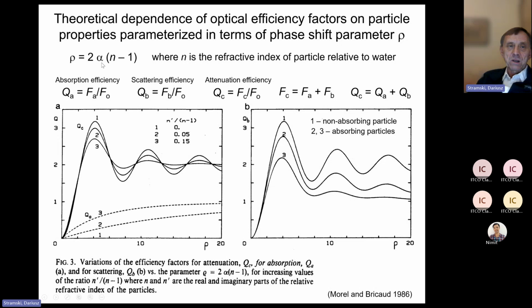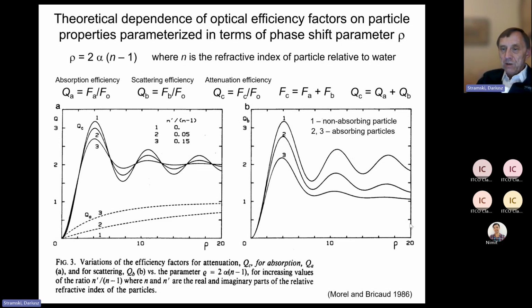Let's also fix wavelength, which is embedded in alpha. Remember that alpha is inversely proportional to wavelength, but proportional to the diameter of particles. So if we move to the right along the axis of rho, and if we fix wavelength and refractive index, we are increasing the diameter of the particle.